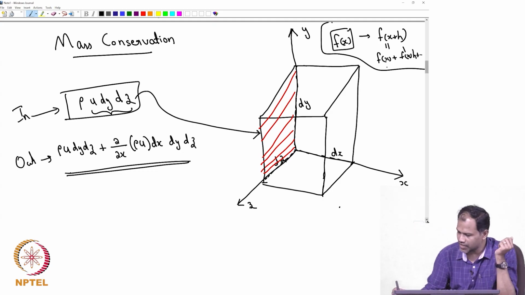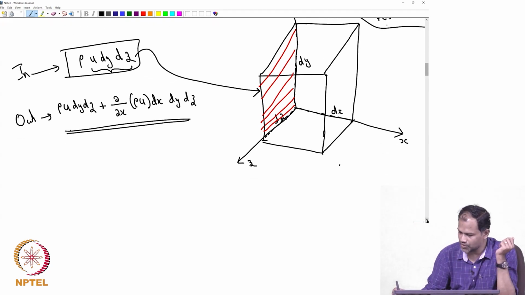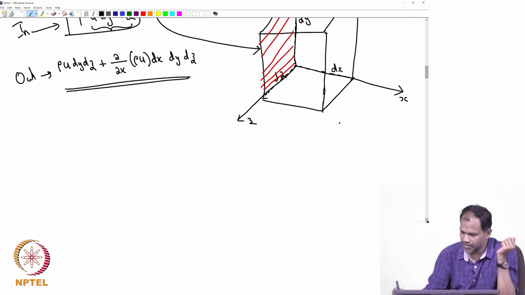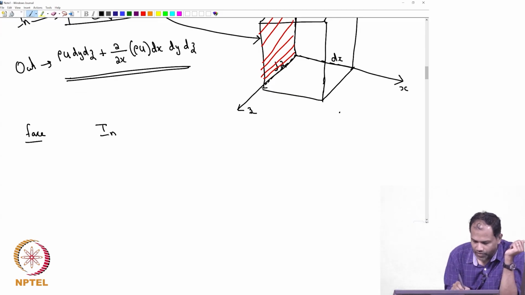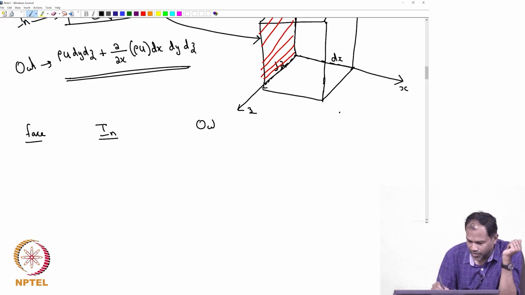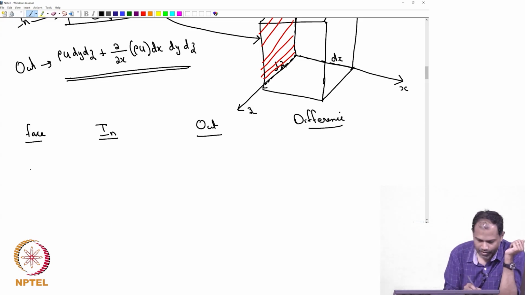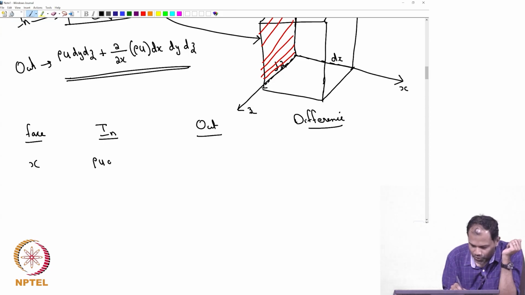So, let us actually make a table now, based on this figure. The phase that I am considering, what is in, what is out, and what is the difference. If I consider the phase perpendicular to the x direction, the quantity entering is rho times u times dy dz.